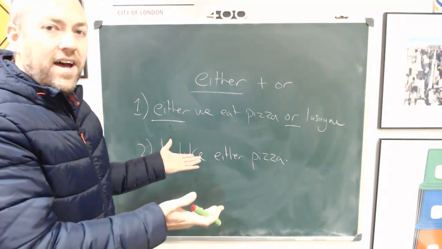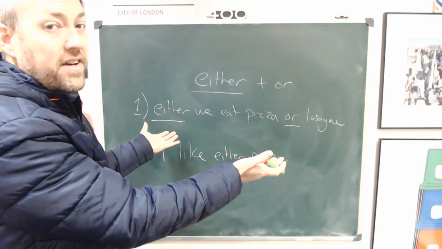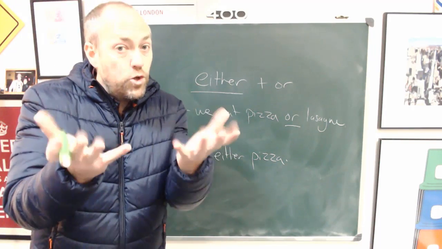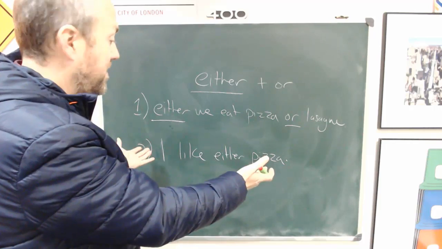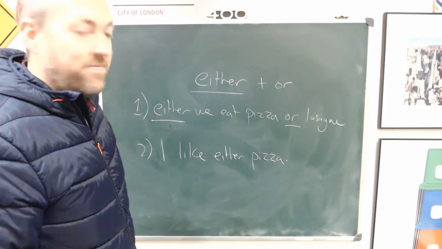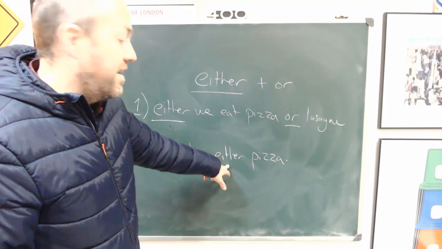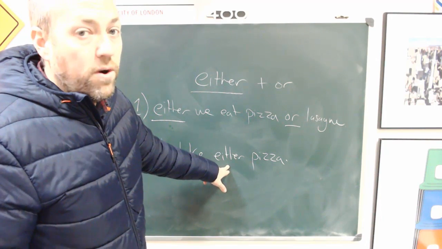So you're saying this pizza or this pizza. From two options, this or this. I like either pizza. So you can see that here it's not necessary to use the or.